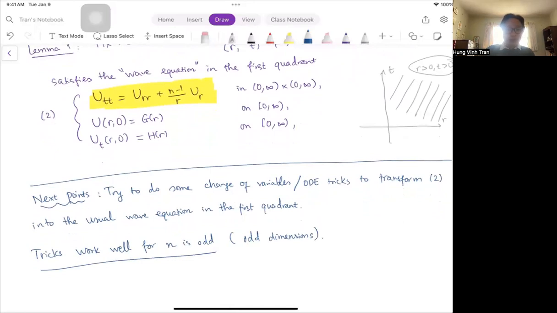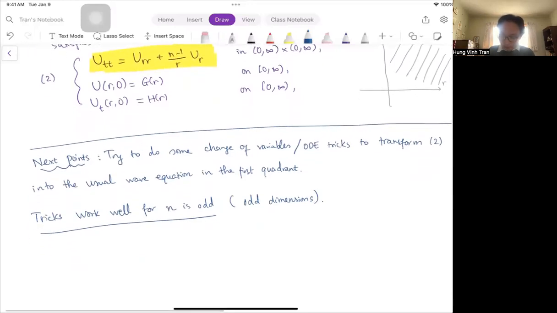Okay, so let me now proceed to solve the equation in 3D, in case n equals 3, and then we will solve the equation when n equals 2 later. This corresponds to the so-called Kirchhoff formula.